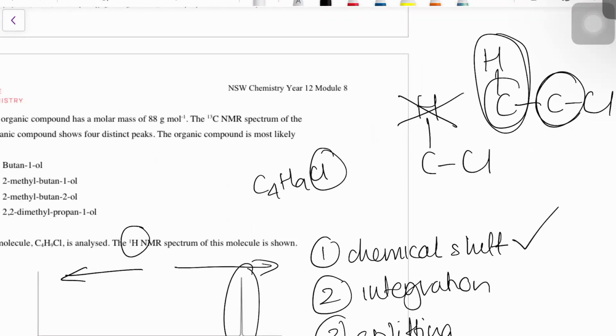Number 2, integration. There is only one signal. There is no other signal. A signal gets created at a certain chemical environment. If there is only one signal, there is only one chemical environment.